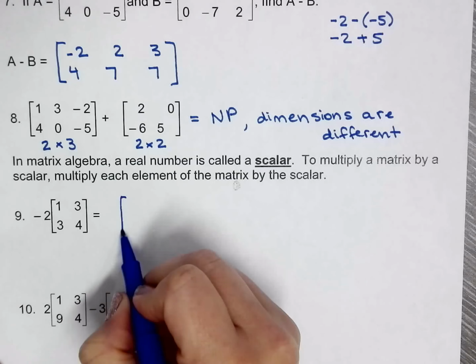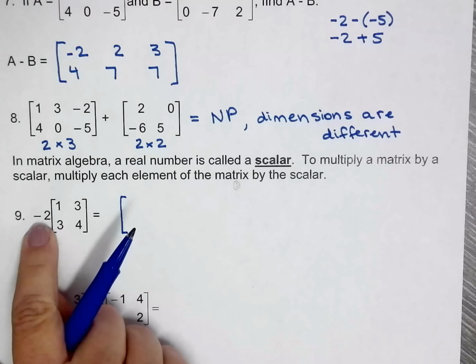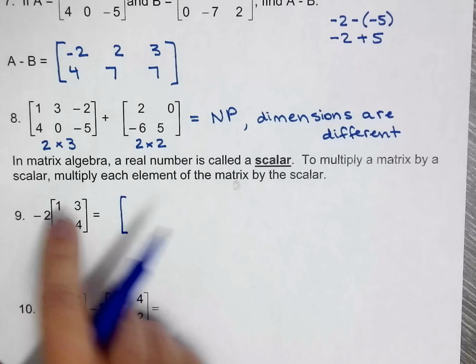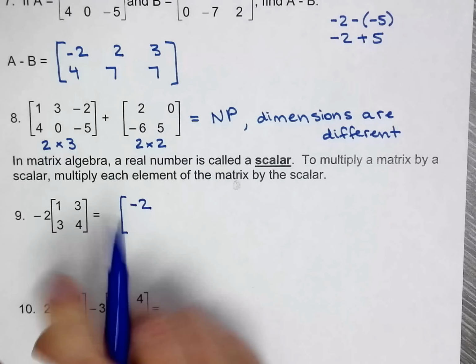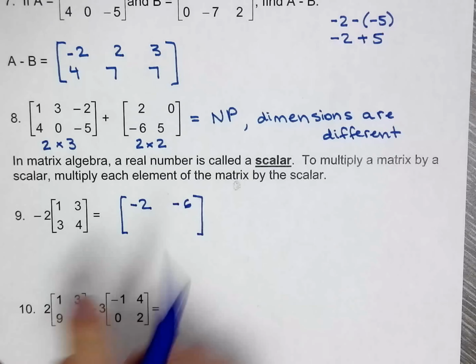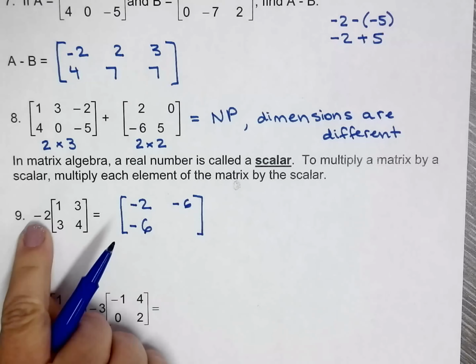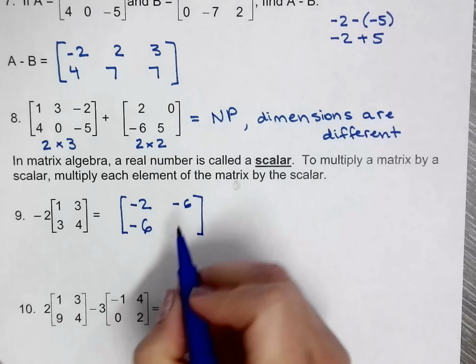We multiply each one of those elements by the scalar, negative 2. So negative 2 times 1 is negative 2, negative 2 times 3 is negative 6, and so on. Negative 2 times 3 again, and then negative 2 times 4 is negative 8.